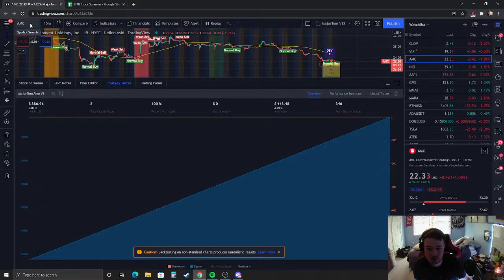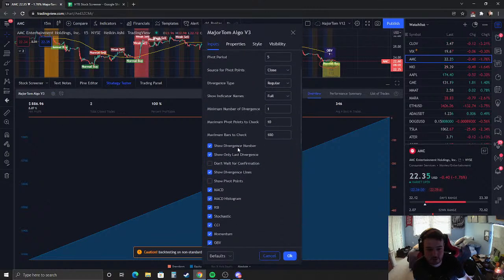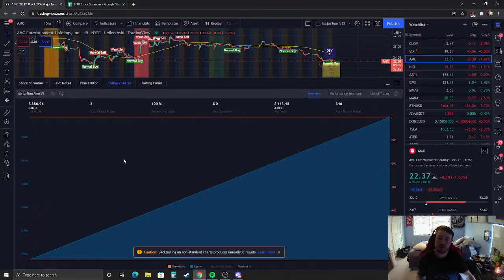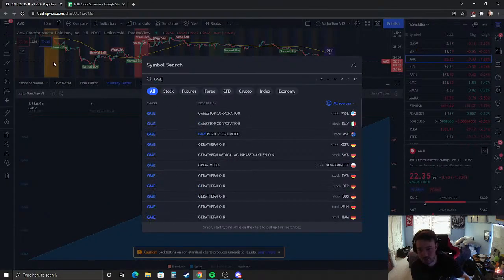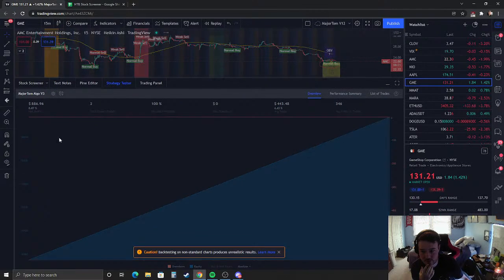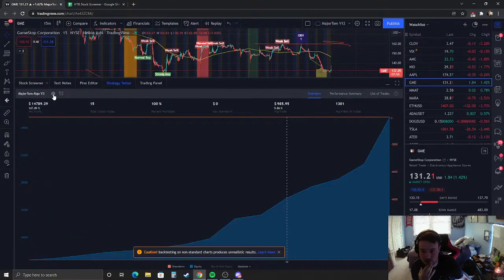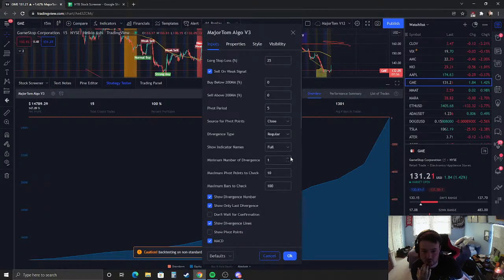So this is the experimental stuff that I've been working on. I converted the algo into a strategy, so for backtesting purposes, to see how to improve the algo and stuff like that. We can do things like this, which are quite interesting.